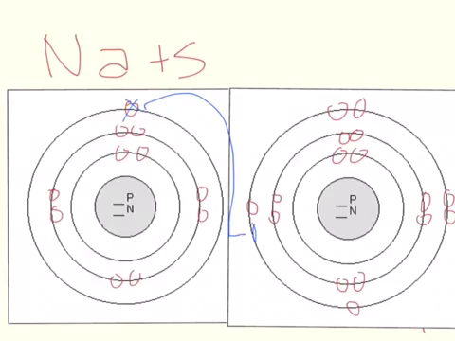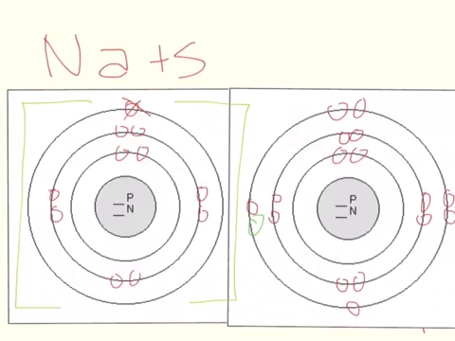Why don't you go ahead and redraw your atoms with their new valence electron shell, and then we'll move on from there. Okay, so now draw our brackets. Write our -1 charge and our +1 charge, and we have finished.